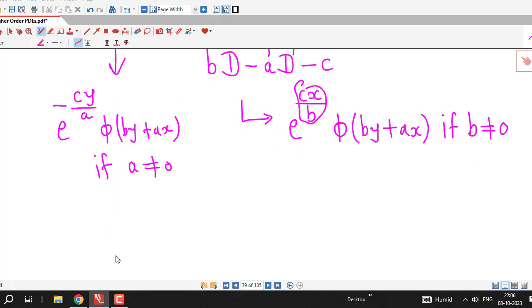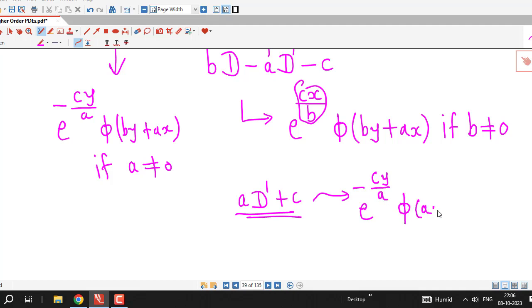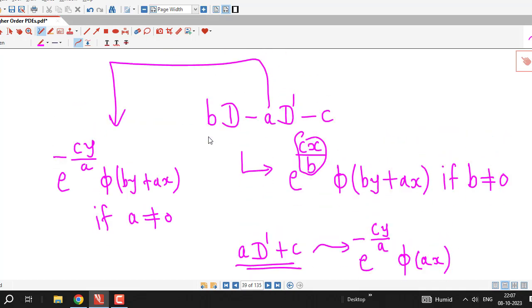And we have also discussed the case that if aD' plus c is a linear factor of f(D, D'), then the part of the general solution corresponding to this type of linear factor is e raised to minus cy over a times an arbitrary function of a into x, and this is valid if a is non-zero. So these things we have discussed in lecture number 6.